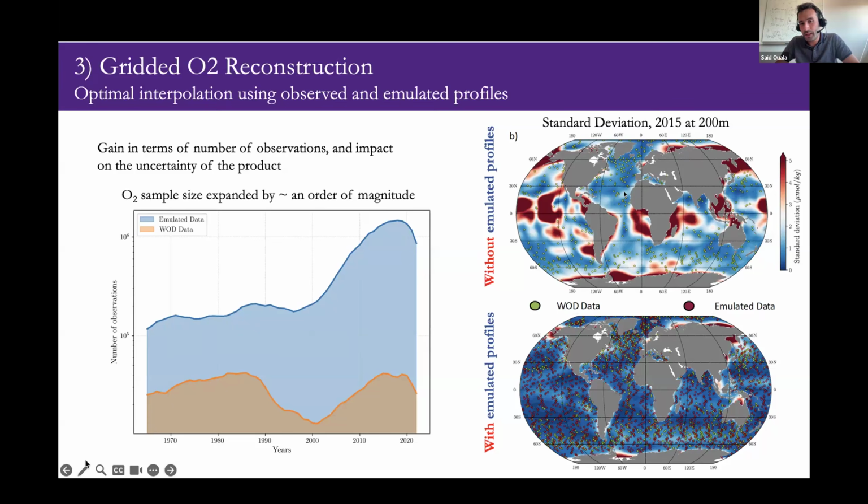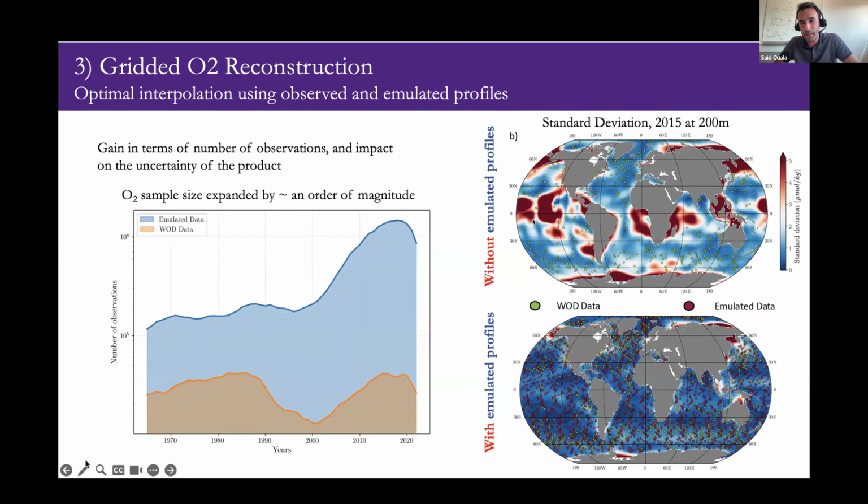The green dots represent the sampling of dissolved oxygen observations, because this product only used dissolved oxygen observations, not emulated data. What optimal interpolation does is that for every pixel with lots of neighboring observations, it gives a small uncertainty, because it reduces the uncertainty of the background.